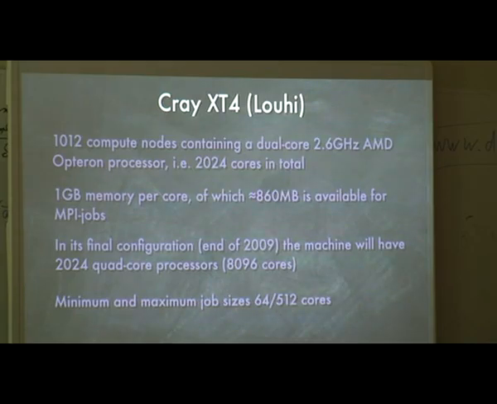Each core has 1 gigabyte of memory available, which turns out to be another bottleneck effect for us. The machine will be updated, so at the end of 2009 it should have another extremely silly number, 2024 processors with 4 cores each. At the moment, the minimum and maximum job sizes are 64 and 512.